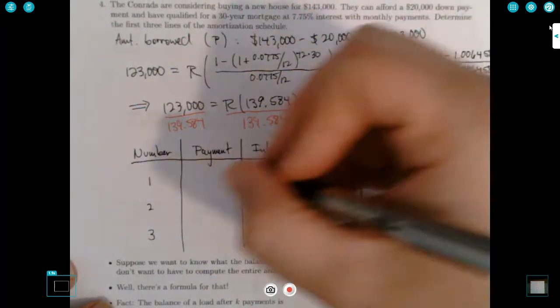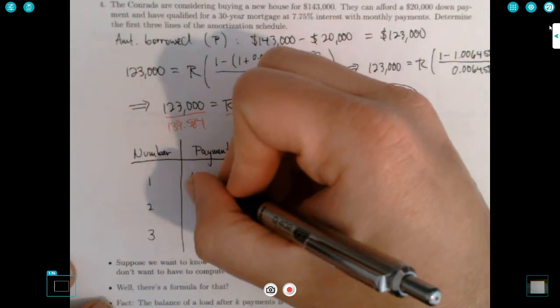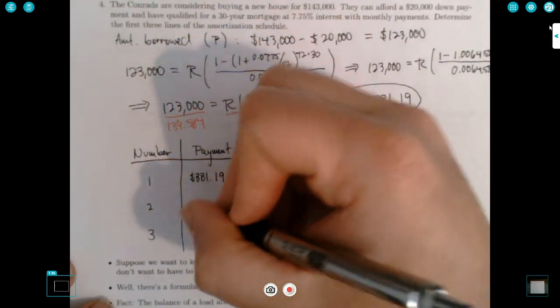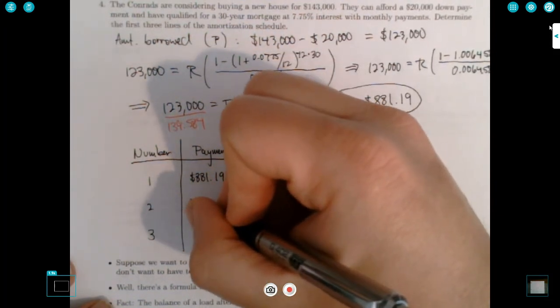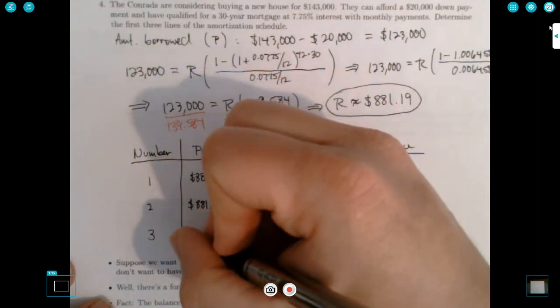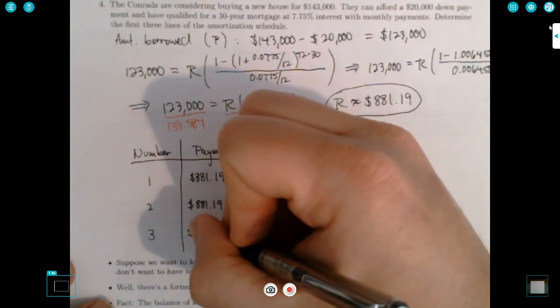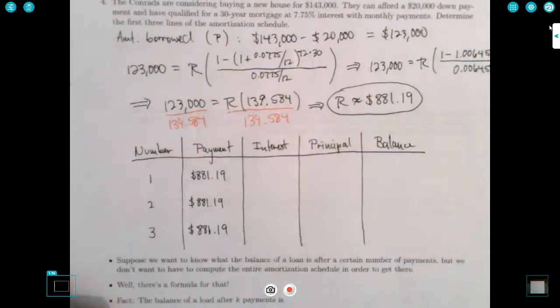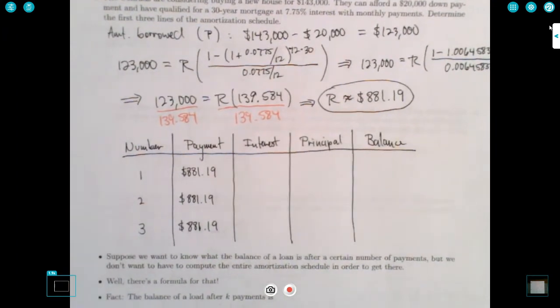We now know that their payments are going to be $881.19 each month. So I can fill in that portion of the table pretty easily. Okay.